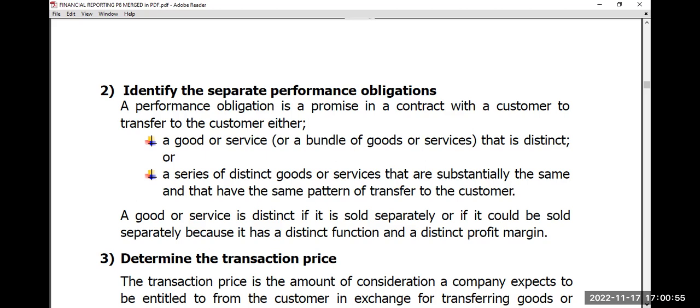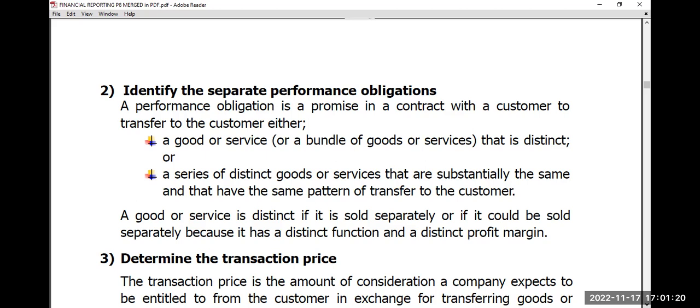You may find that the company is providing security. It is a security company providing security services, and it has been providing those security services for a given period of time.